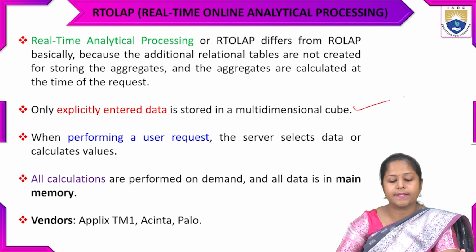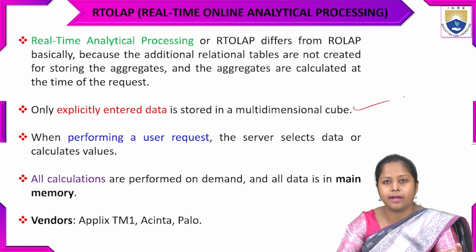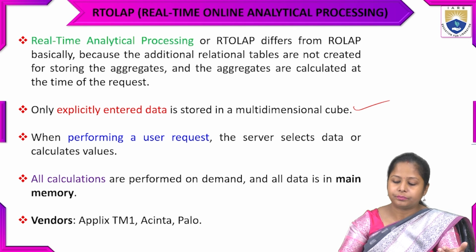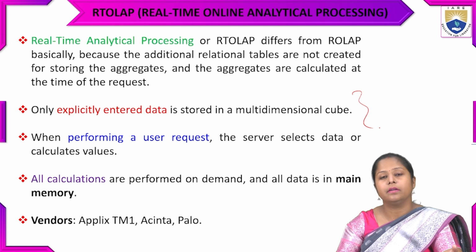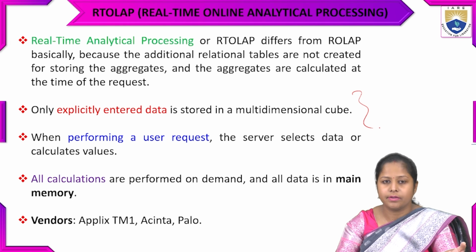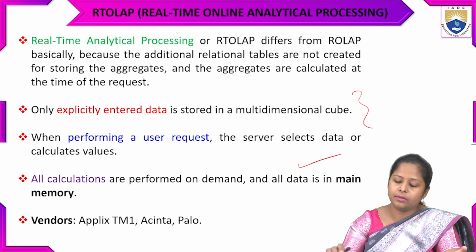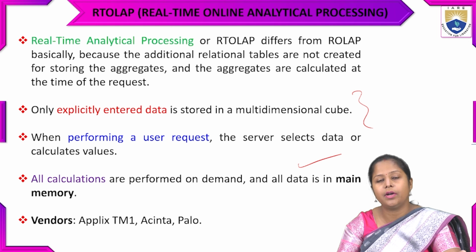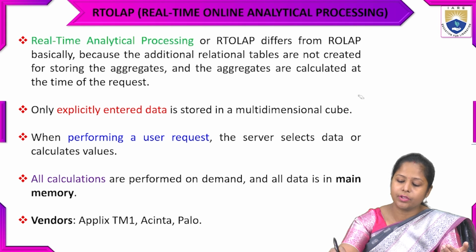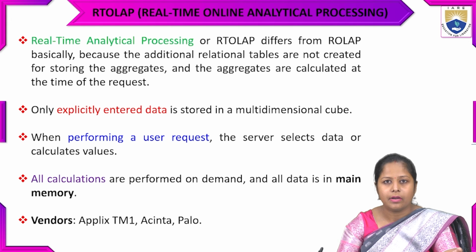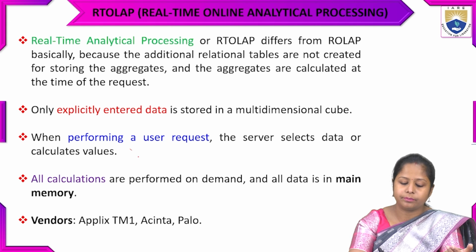Only the explicitly entered data will be stored in the multi-dimensional cube. At the time of the request, when the user requests the process, the server selects the data and calculates it at the same time.